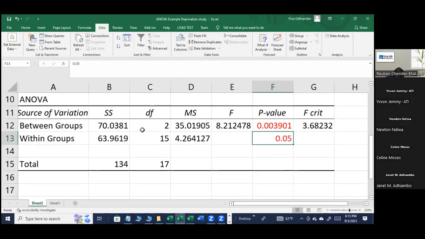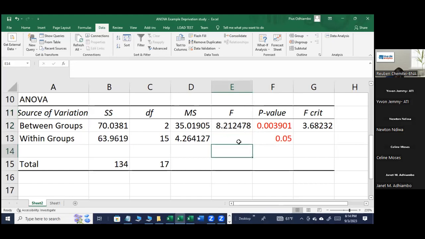And how you interpret Anova is you look at the p-value. Or you can also interpret using the F ratio. But for the F ratio, we have statistical tables which you read. You read the F ratio alongside the degrees of freedom, and then you can make an interpretation.